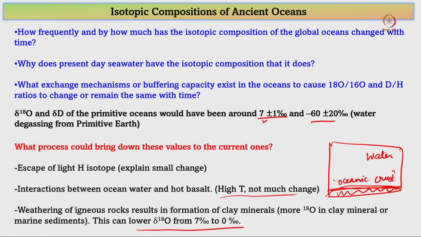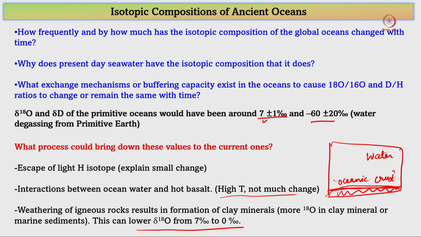That is because 18 oxygen always prefers the more stable, stronger phases. So, 18 oxygen will go into the clay minerals, because clay minerals are weathered products. The igneous rocks and other kinds of rocks weather to form clay minerals, right.